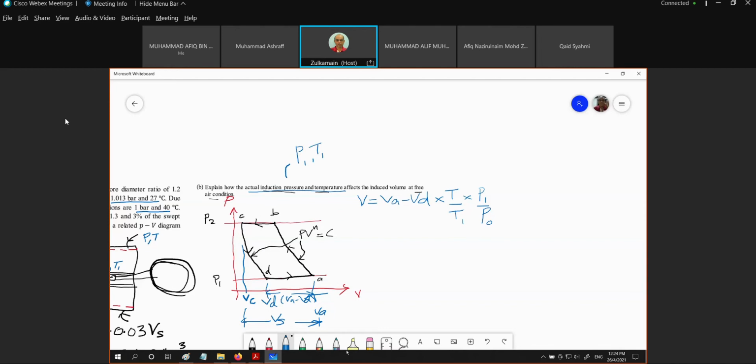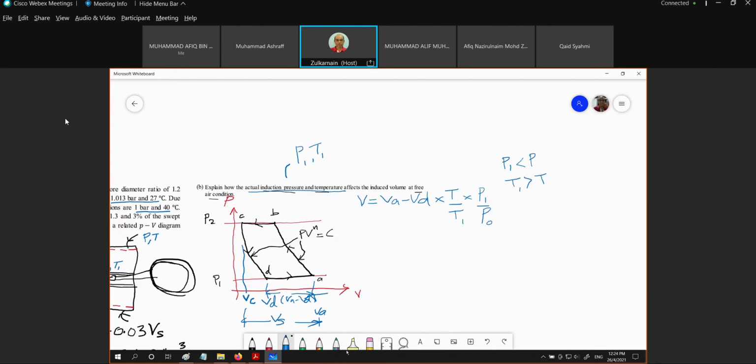What happened when you increase or decrease the P1? You know that the P1 is always less than the P0, and your T1 is always greater than your T0.